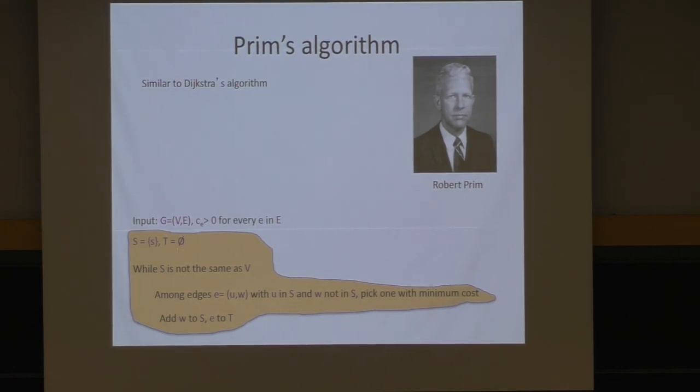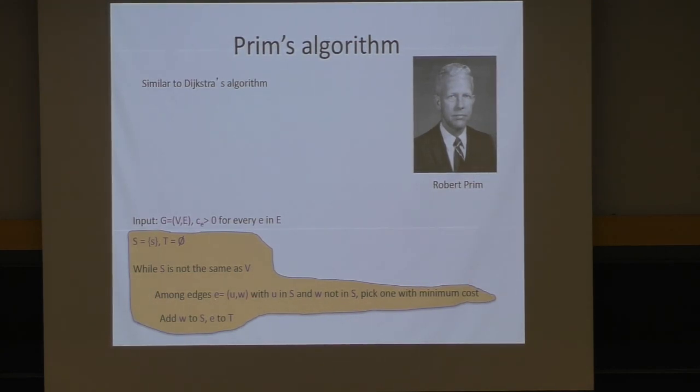Right? And again, you have this set of edges T. And you repeat the algorithm till you have not taken care of everything. Right? So till S is not the same as V, you look at all the edges that I would call crossing edges. So one endpoint is in S, the other endpoint is outside of S. And among all such crossing edges, pick the one with the minimum cost. Okay?